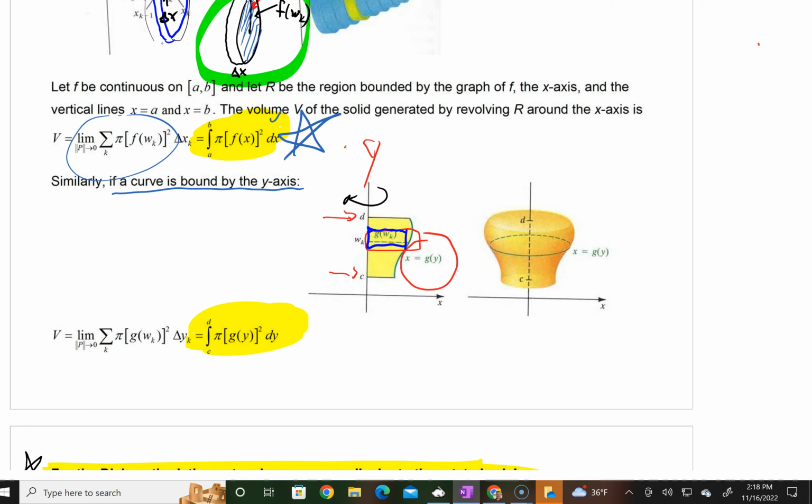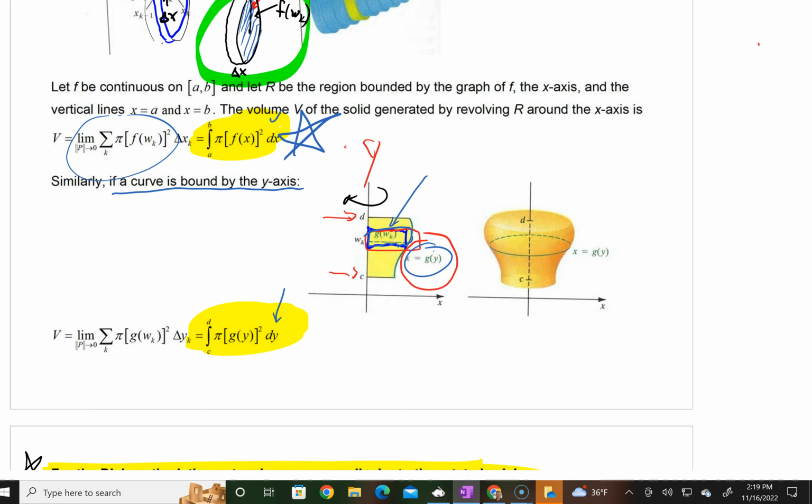If you look at it, a rectangle now is not going to have a top minus bottom connotation. It's going to be a right minus left. So it's very much in line with what we did in 6.1. This rectangle right here would be a function of y. G of y would be your radius. So it's still pi r squared times the distance between them. It's just that everything is with respect to y.